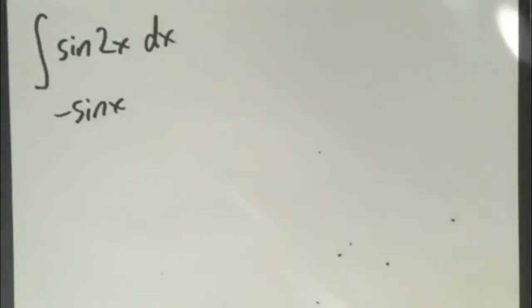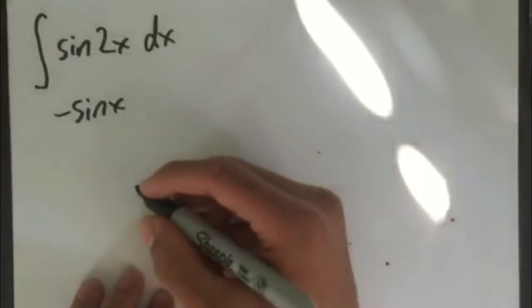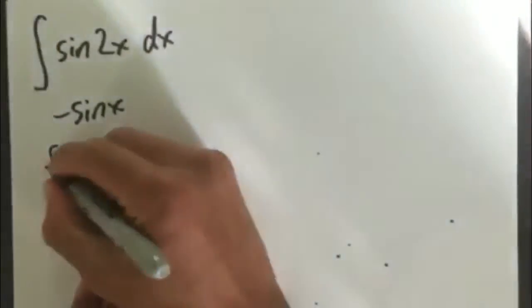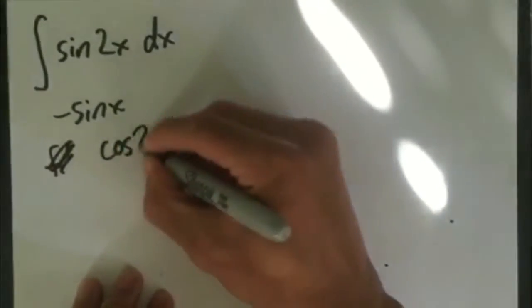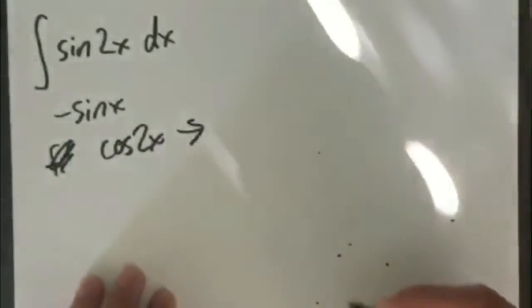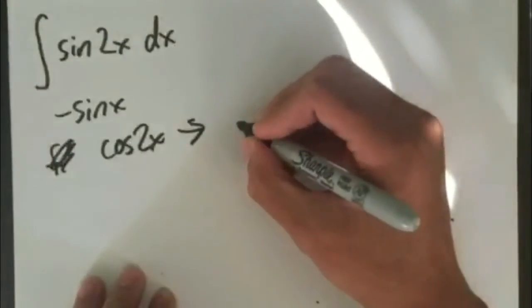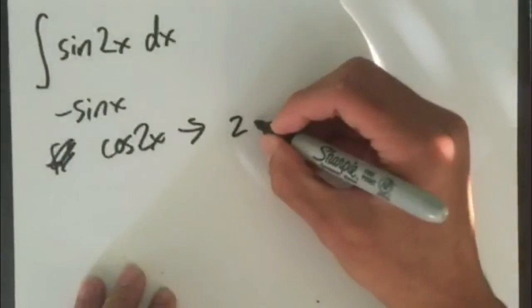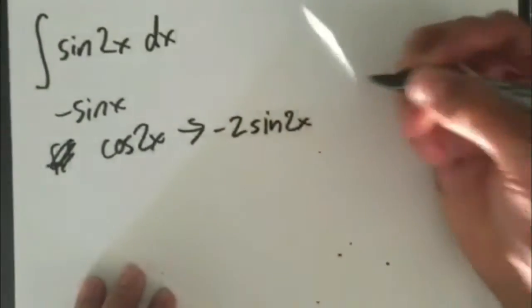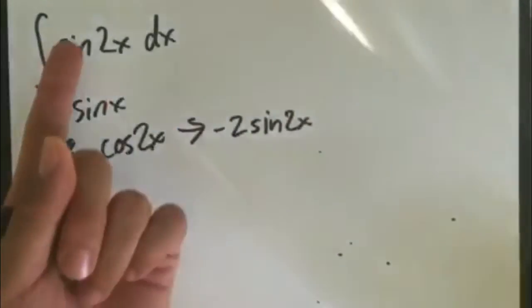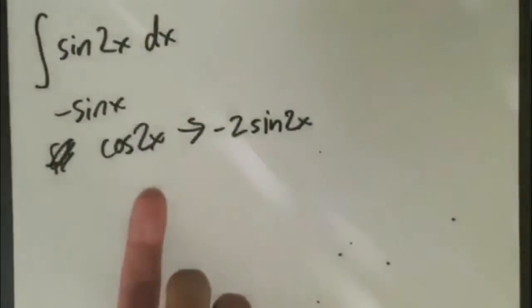So if I take the derivative of cosine of 2x, then I will get 2 times negative sine of 2x. Well, it's not quite the answer we were looking for, but it's pretty close.